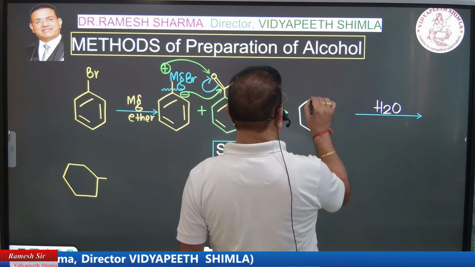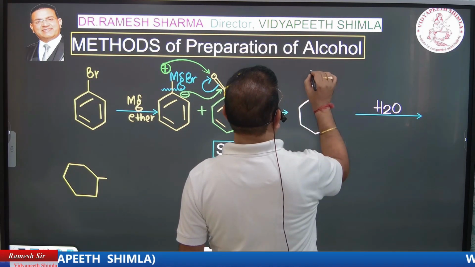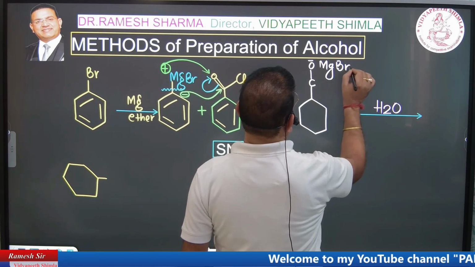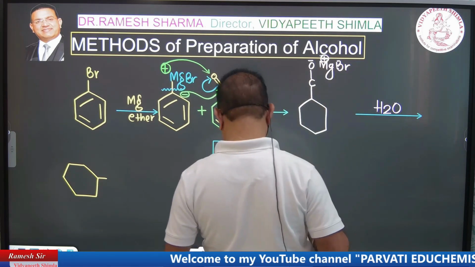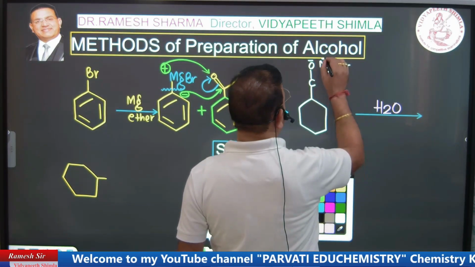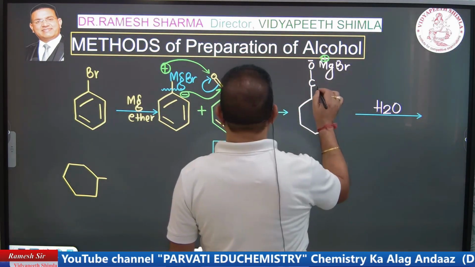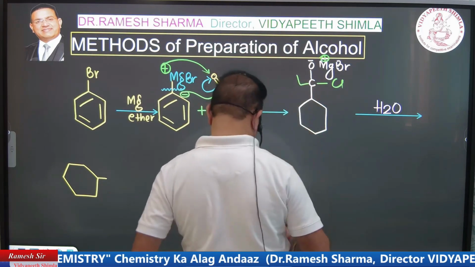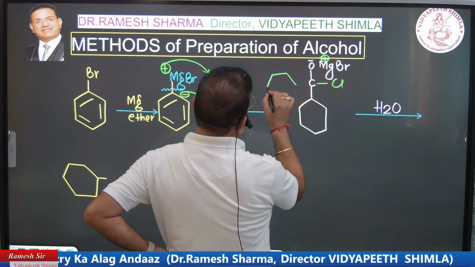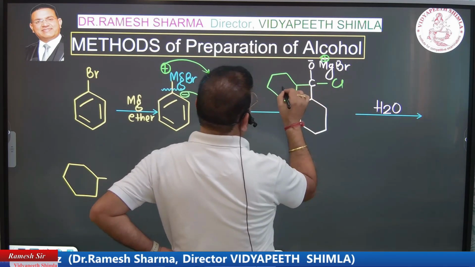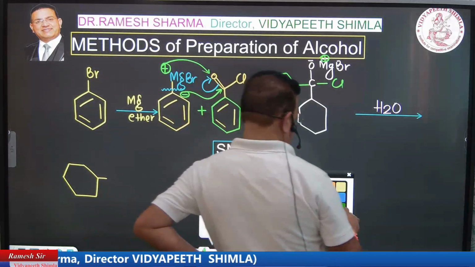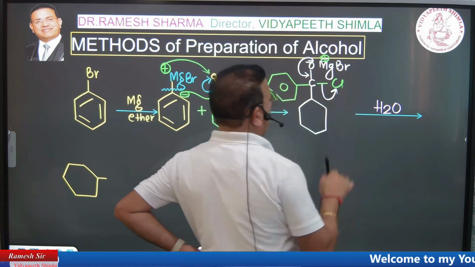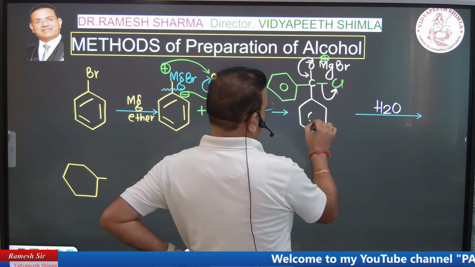This, O negative, MgBr positive. Yes or no? And this is Cl and this is another phenyl ring. Is it okay? So this negative charge will go here and hence Cl will go out. Yes or no?